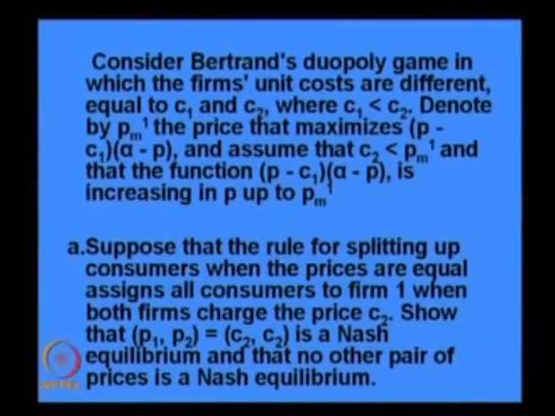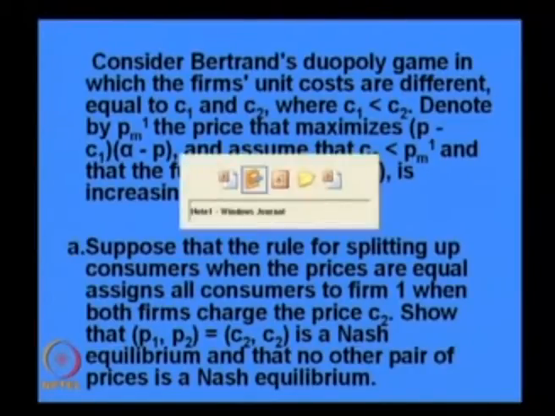and that the function (P minus C1) multiplied by (alpha minus P) is increasing in P up to PM1. So, if I have to visualize this, what is happening?